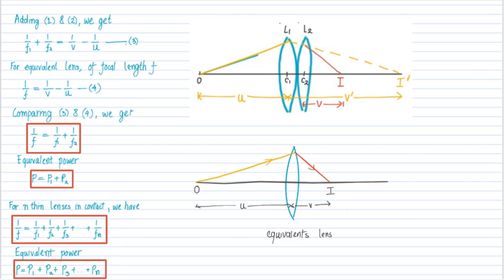So this is the equivalent power, where P1 represents the power of the first lens, P2 the power of the second lens, P3 the power of the third lens and so on. So this is the total power. And the equivalent focal length will be 1 by f equals 1 by f1 plus 1 by f2 and so on till 1 by fn. That is, it is the sum of the inverses of all the focal lengths, and your equivalent power is the sum of all the powers.